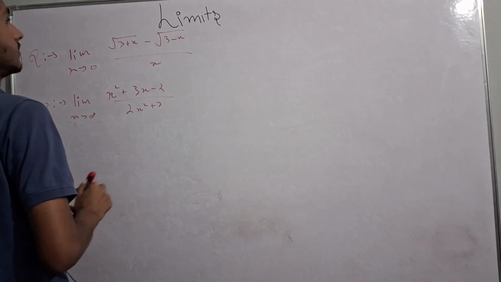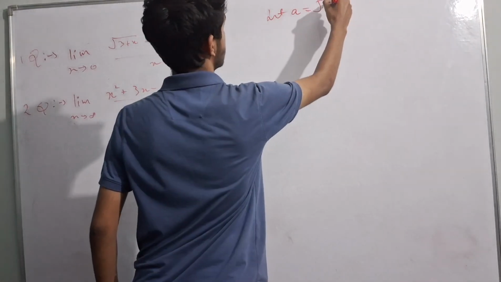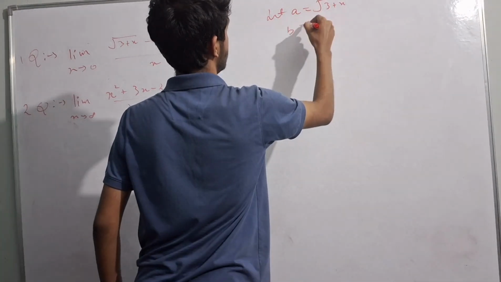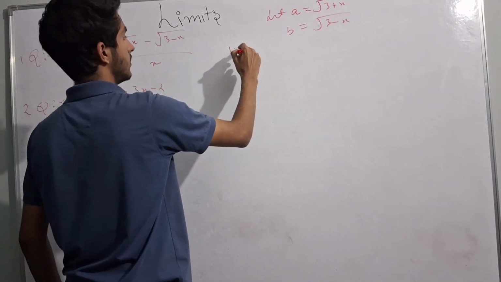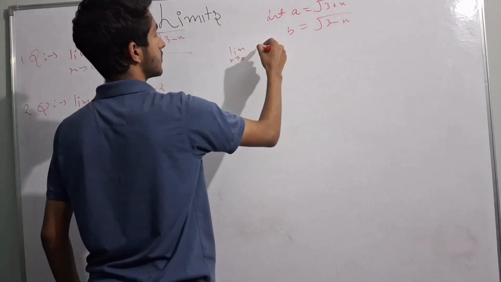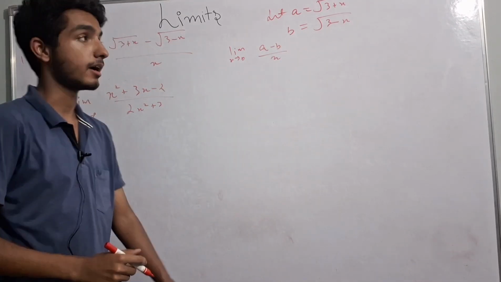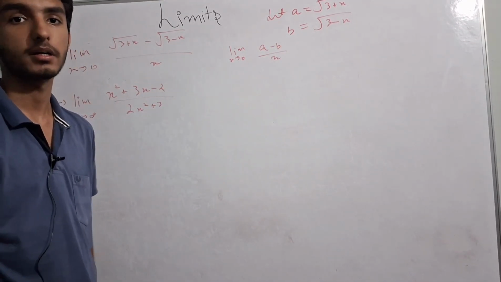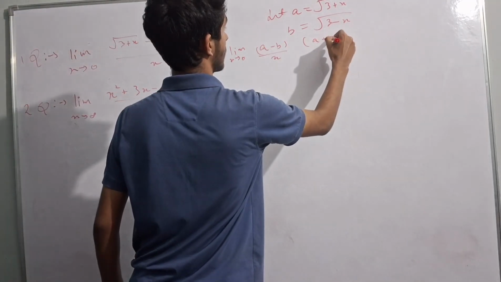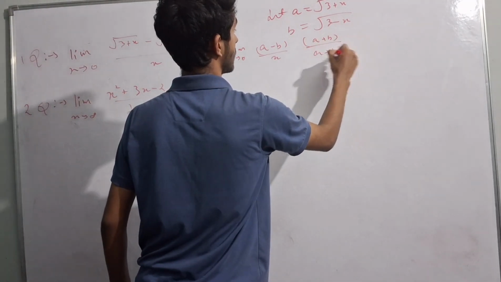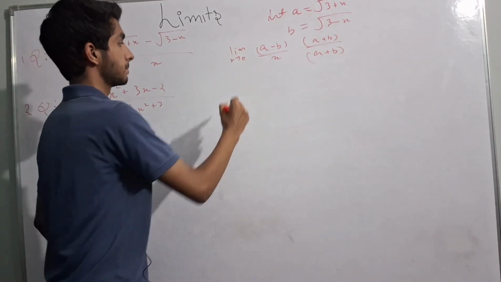I can simplify it as, let a is equal to under root 3 plus x and b is equal to under root 3 minus x. So I get limit x tends to 0, (a minus b) upon x, and I will rationalize this by multiplying by (a plus b) upon (a plus b). So from the identity, I will get a square minus b square.